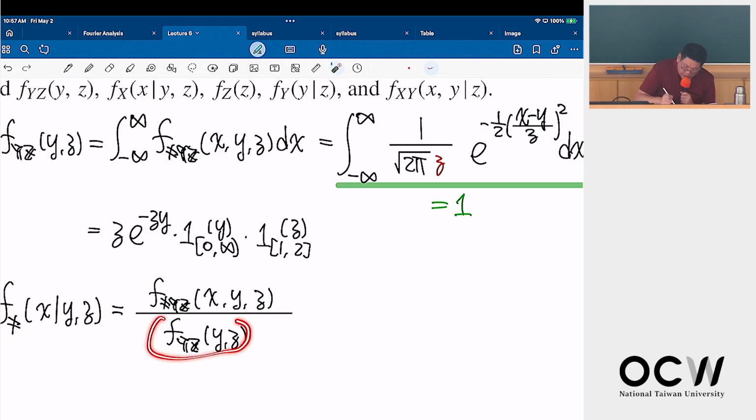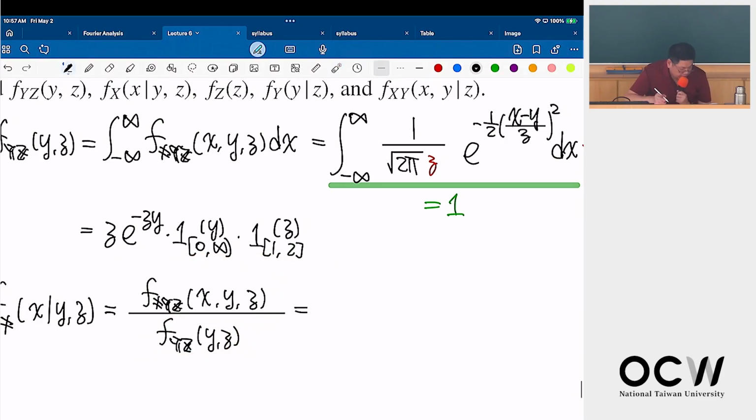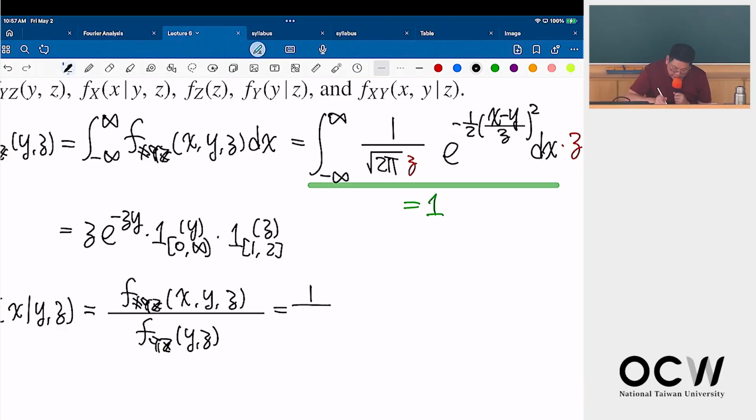That is what we got from the previous. So here we have 1 divided by square root of 2 pi, still over z, and then exponential to the power minus (x minus y) squared divided by 2z squared.